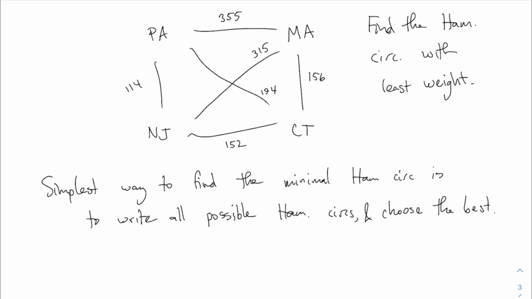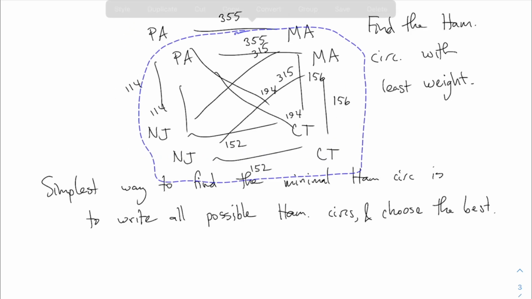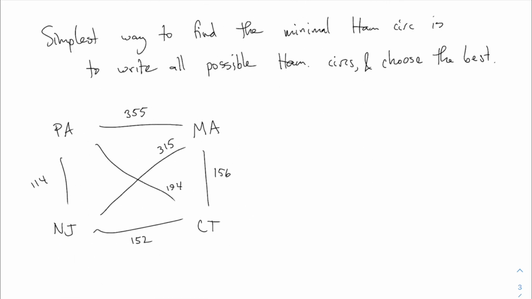I'm going to pull down this picture here so I don't have to scroll. I'm going to try to write down all the possible Hamilton circuits. Remember I said before, those Hamilton circuits are just different ways of rearranging the ordering of the vertices.